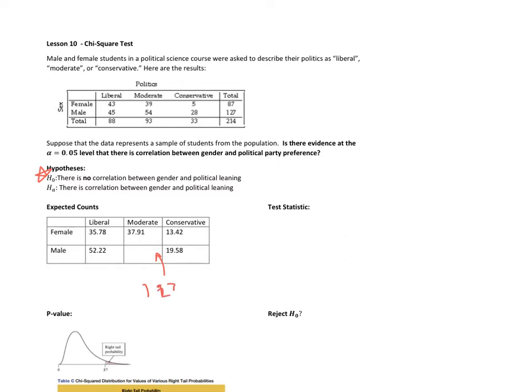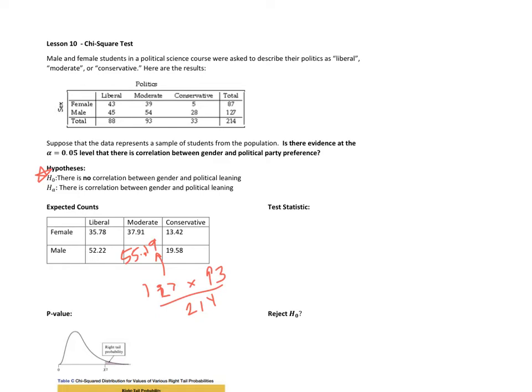So 127 times 93, and then I'm going to divide by the grand total or sample size, which is 214. So if you do that calculation, you should get an expected count for this cell of 55.19. Okay, you can have StatCrunch do these things for you, and I show you how to do that in the lesson notes.